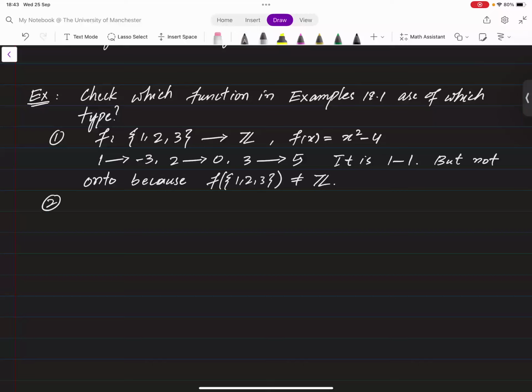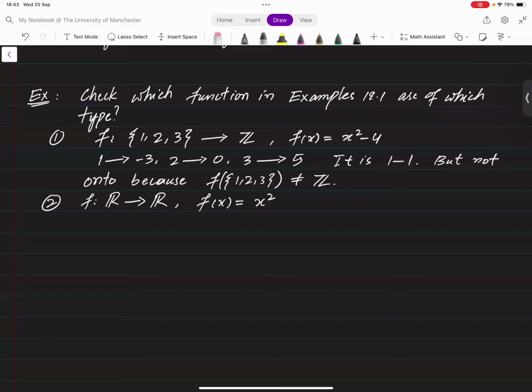Number 2. So number 2 says that f is a function from R to R, f of x is x square. Okay.